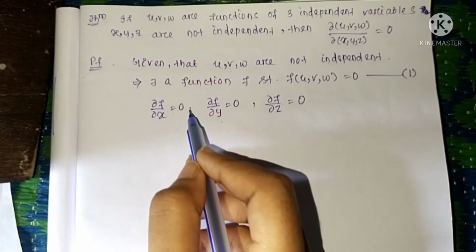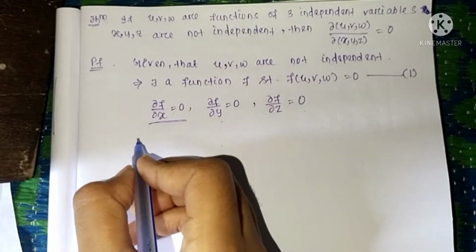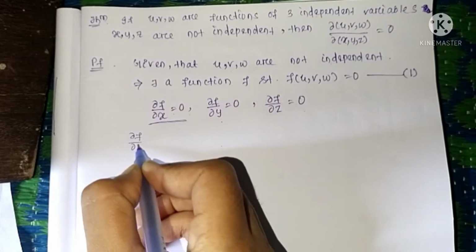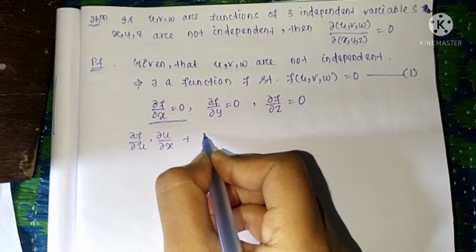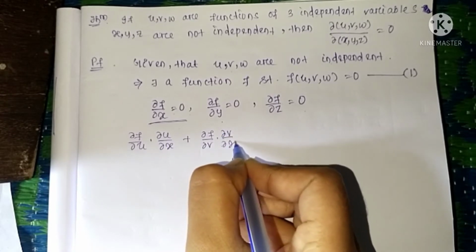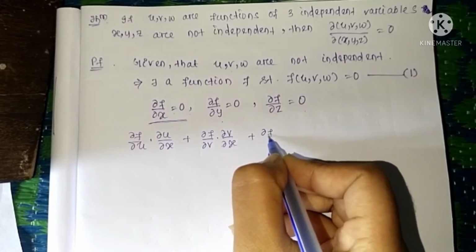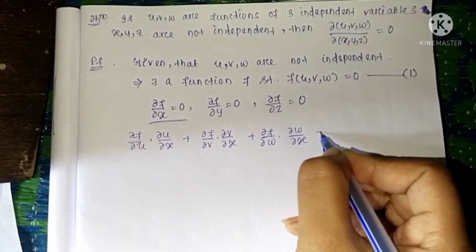In del f by del x equals 0, we apply the chain rule. That is, del f by del u into del u by del x plus del f by del v into del v by del x plus del f by del w into del w by del x equals 0.